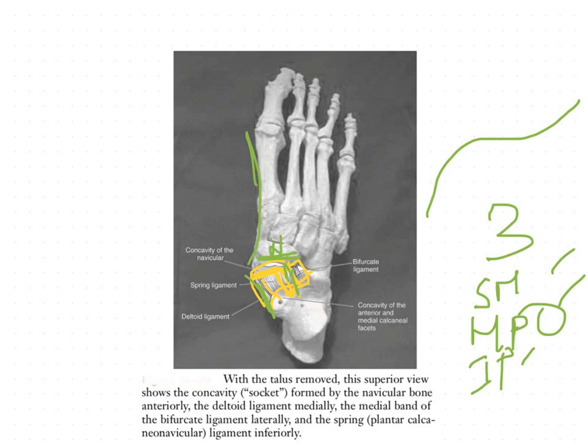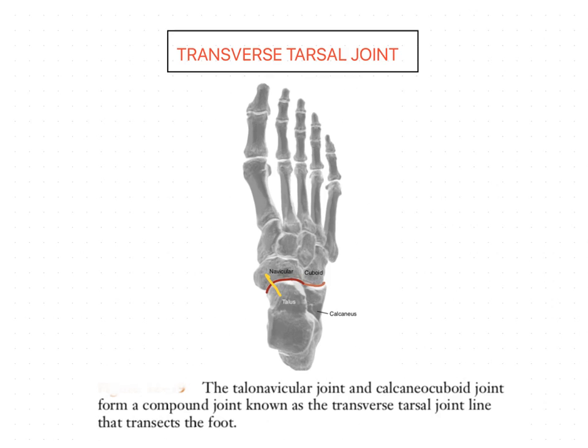So this is about the talonavicular joint. Now we will see the calcaneo-cuboid joint. This joint is formed proximally by the anterior calcaneus and distally by the posterior cuboid bone.